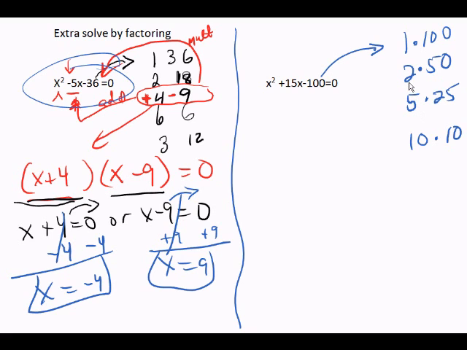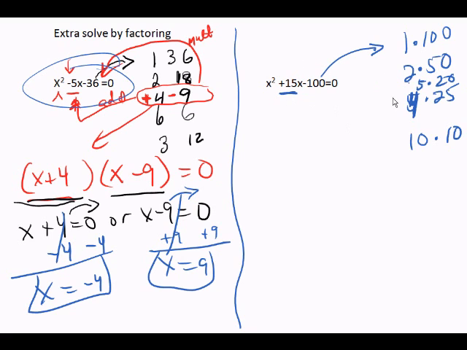Anybody? This is 4 times 25, sorry. And we're missing 5 times 20. 5 times 20 is 100.